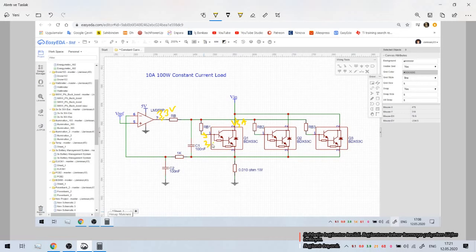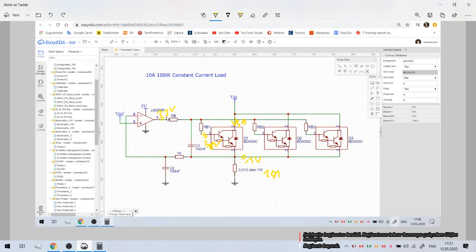Also this 10 amp will increase this voltage, 0.1 volt also coming from here. It will give us 2.6 volt, and I can take 3.3 volts.